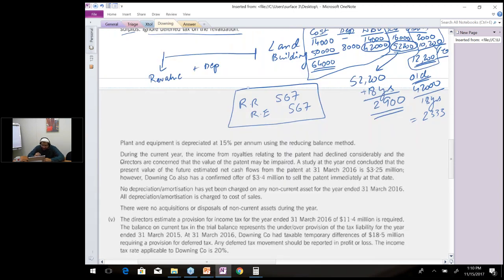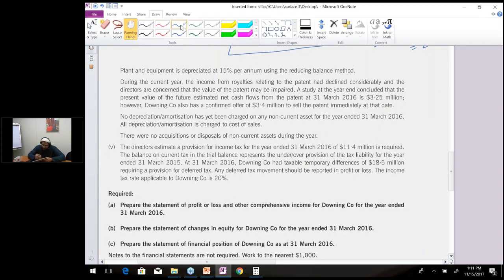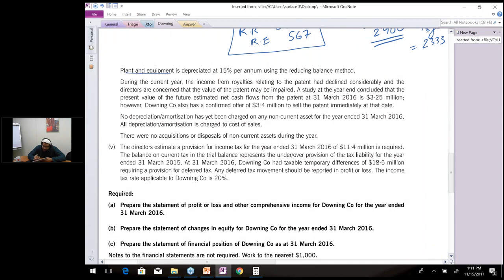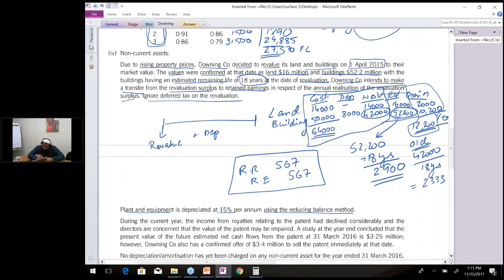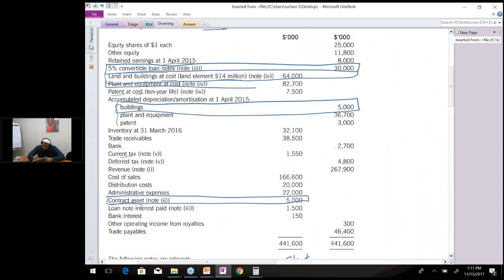Now the question further says that the plant and equipment is depreciated at 15% per annum using the reducing balance method. So let's check from the trial balance. The plant is at cost of 82,700 and the depreciation is 36,700.